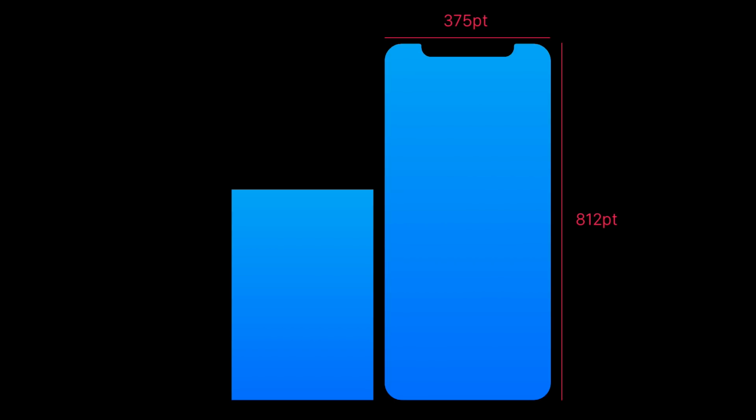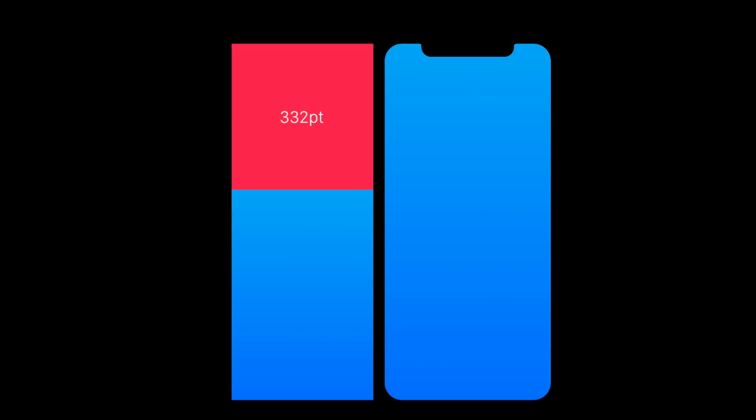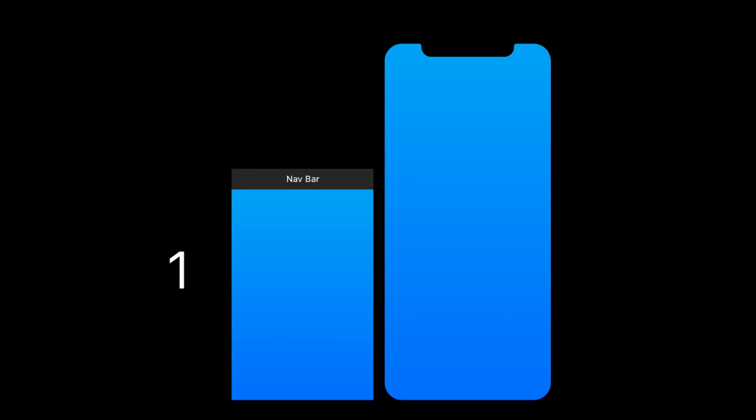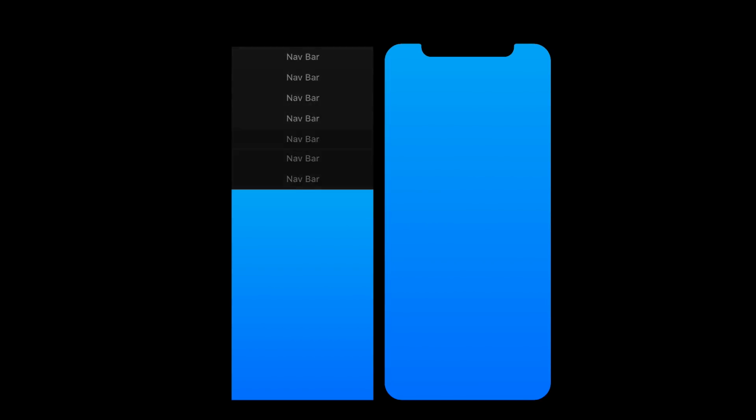If compared to the original iPhone, we get a whopping 332 points increase in height, which can afford us the equivalent of 7 navigation bars. The future is looking fantastic for content and bleak for the Hamburger menus.